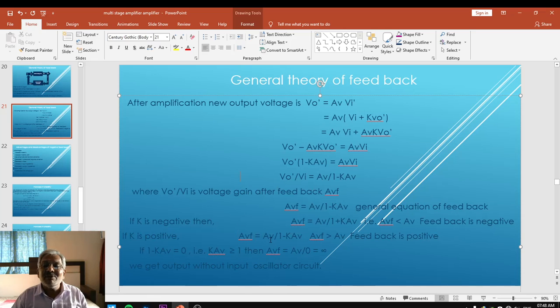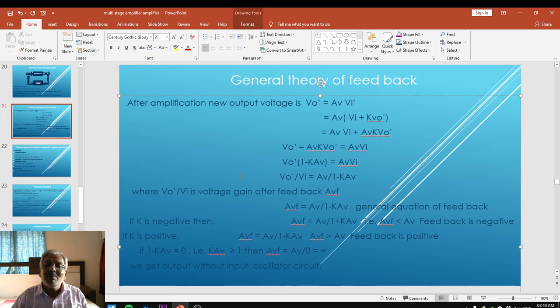That is, AVF is equal to AV upon 1 minus KAV. This indicates that AVF is greater than AV. That is, after positive feedback, voltage gain increases. Remember, this is the formula for gain after feedback if the feedback factor is positive.